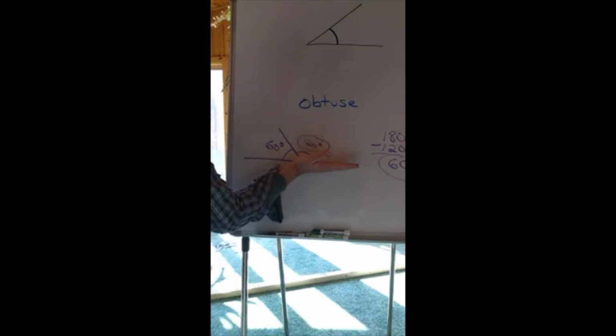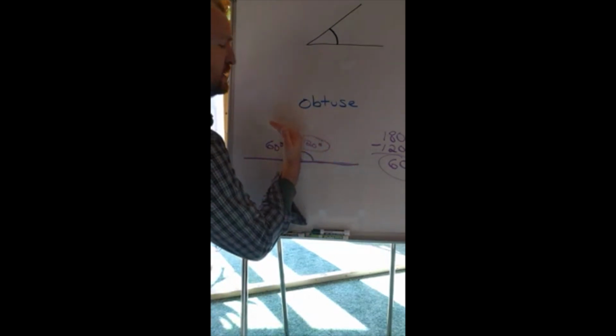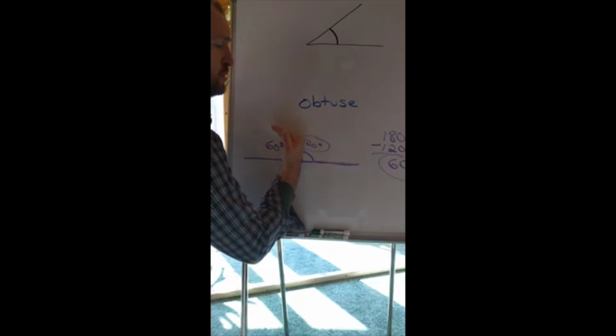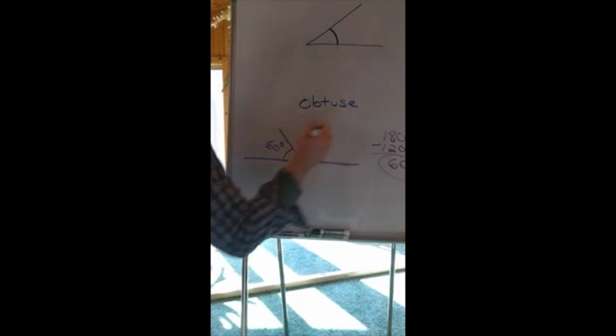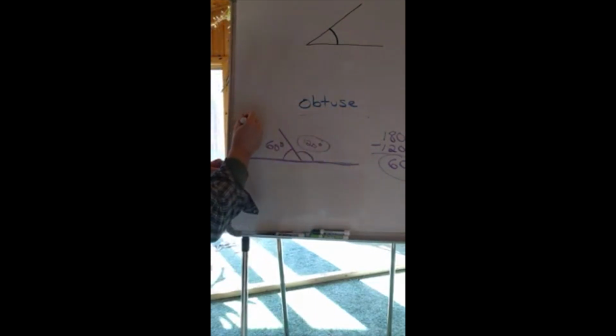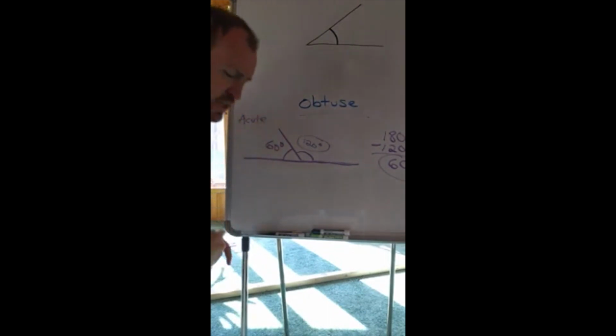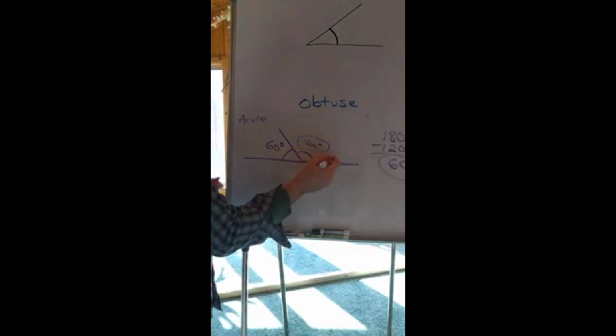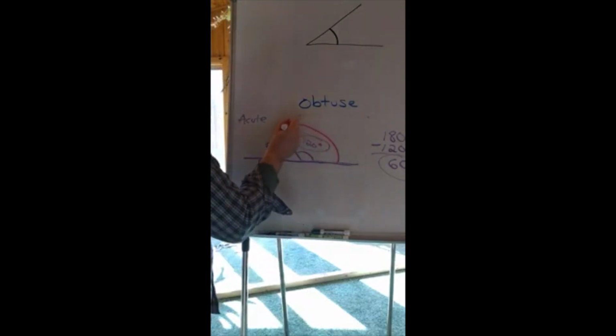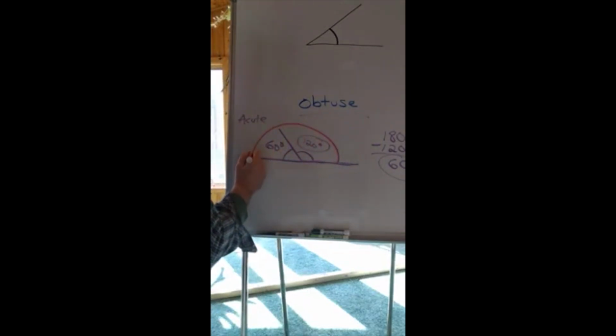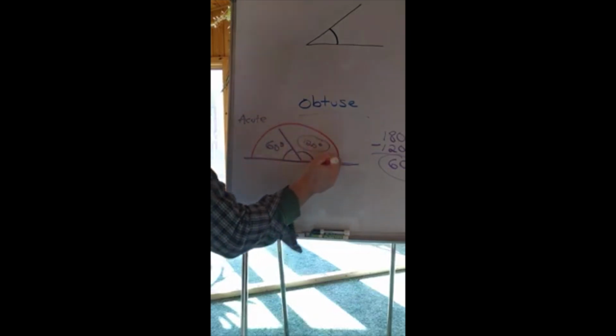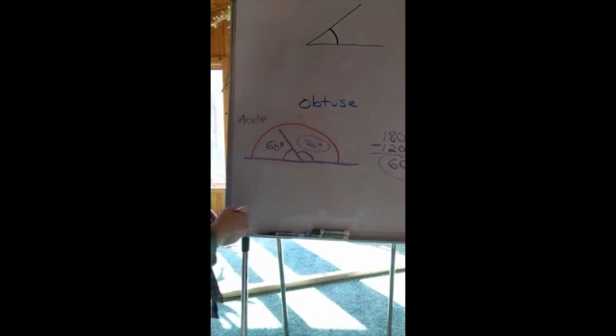So here we have 120 degrees in our obtuse angle, and then in our acute angle that's created, we have the other 60. So essentially, it goes up and all the way over, and this entire rainbow-like mark is 180 degrees.